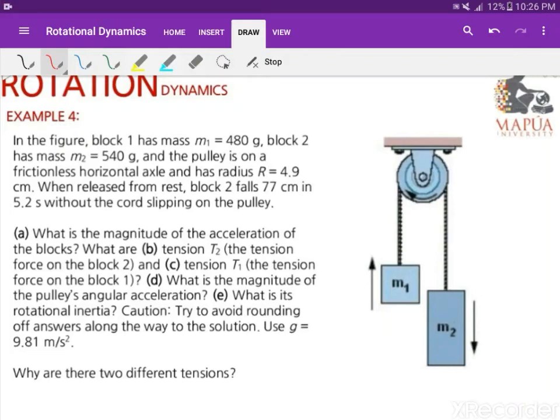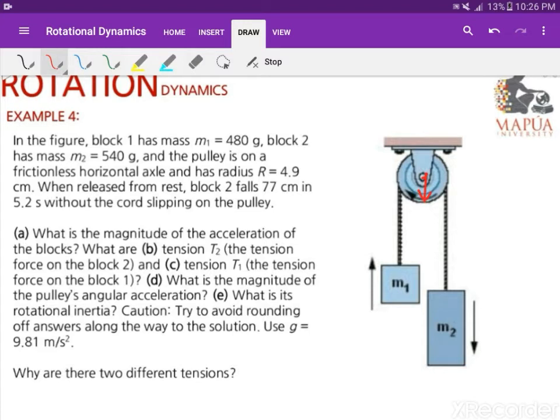Hello everyone, this is another pulley problem. So in our figure, block 1 has mass of 480 grams, block 2 has mass of 50 grams, and the pulley is on a frictionless horizontal axle and has a radius of 4.9 centimeters.